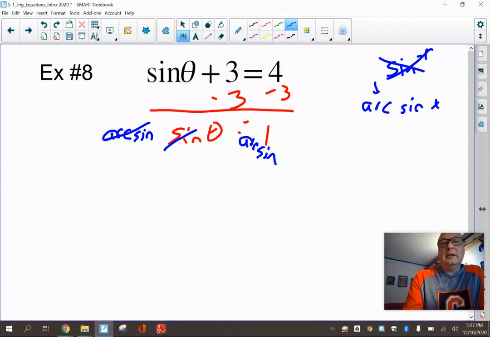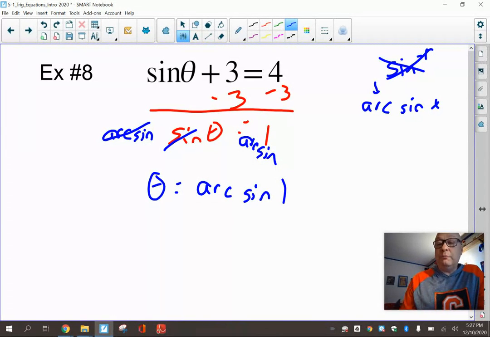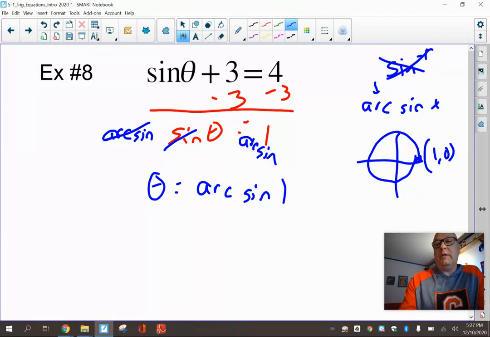Both sides. So then theta is going to be the answer to arc sine of 1, which means where is the sine equal to 1? Everything goes back to the unit circle. Right here, 1, 0. Nope, that's cosine equals 1. It's here, 0, 1. So theta is going to be pi over 2.